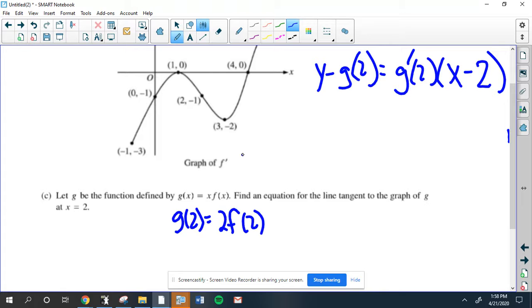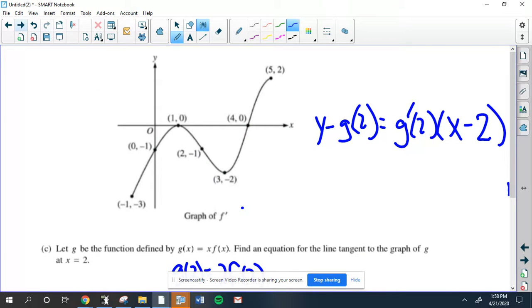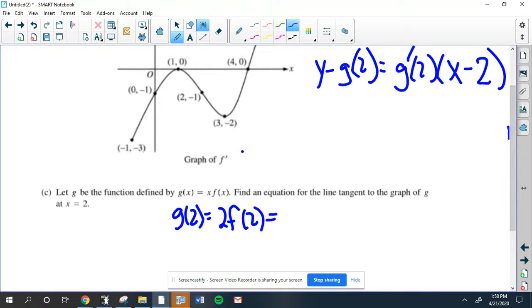f of 2 is not given by this graph, so you have to look for it elsewhere. It is. f of 2 equals 6. So that had to be given. It was. So this is 2 times 6, which equals 12. Now we have to figure out what g prime of 2 is.